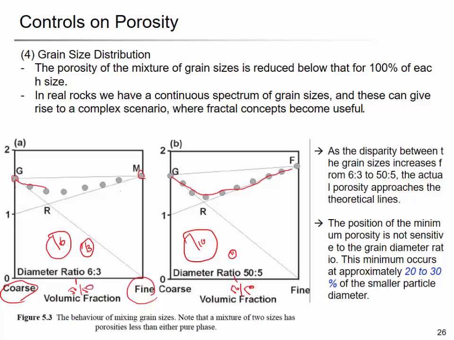And this line is the theoretical line. And as the particle size becomes larger, the real porosity value approaches the theoretical line. And the minimum void ratio, or the minimum porosity, always happens at around 22 to 30% of the fine fraction.